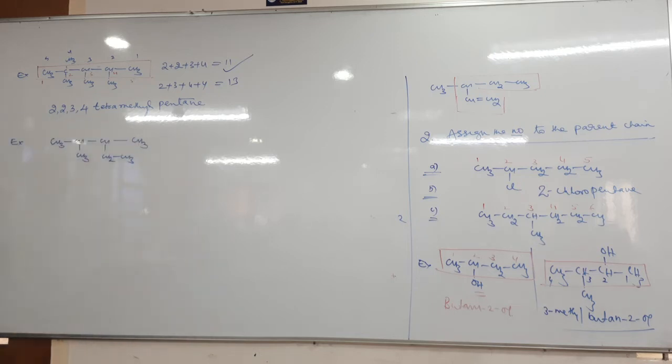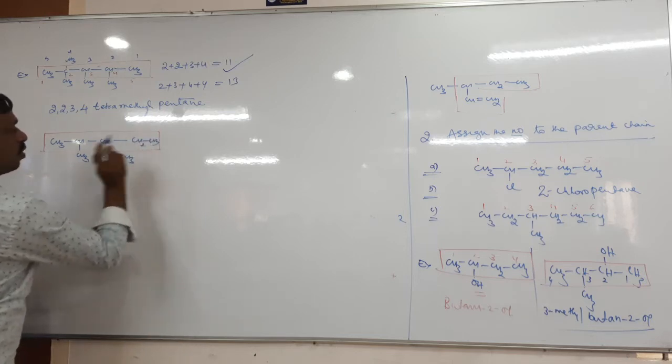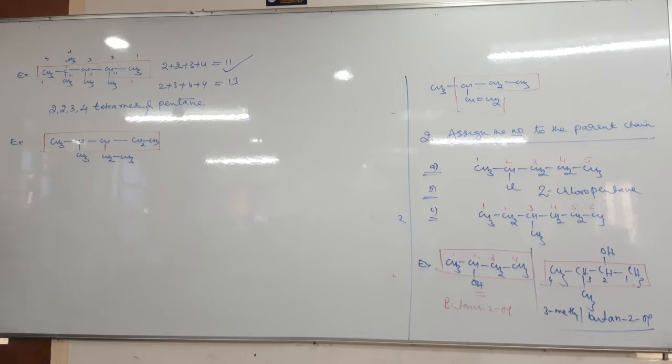Now tell me, this is the parent chain. Now numbering should be given from left to right or right to left.